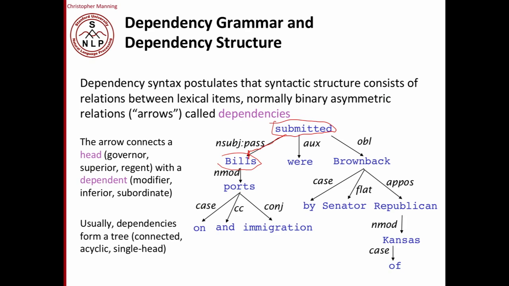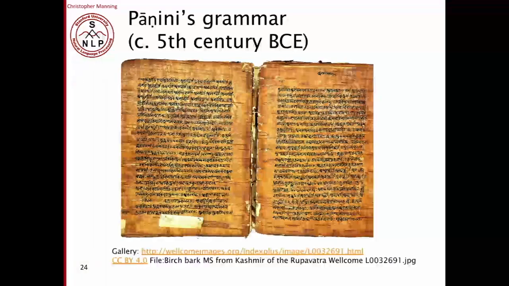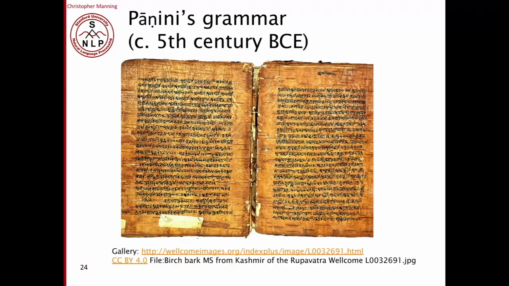Okay, so dependency grammar has an enormously long history. Basically, the famous first linguist that human beings know about is Panini, who wrote in the 5th century before the Common Era and tried to describe the structure of Sanskrit. A lot of what Panini did was working out things about all of the morphology of Sanskrit that I'm not going to touch at the moment. But beyond that, he started trying to describe the structure of Sanskrit sentences.